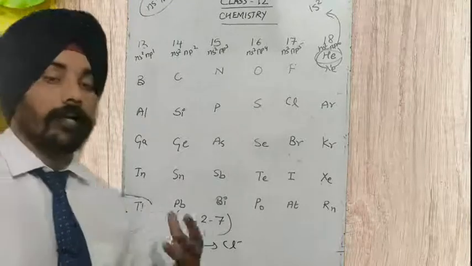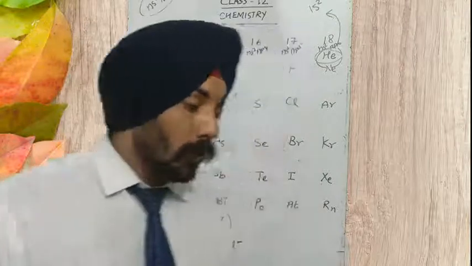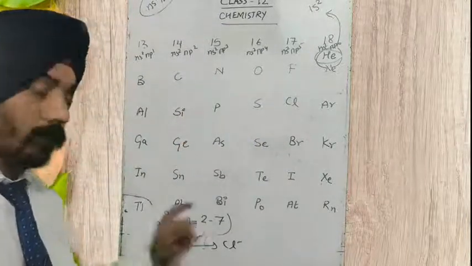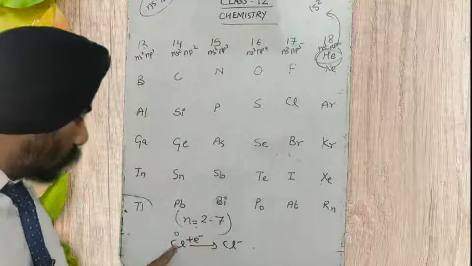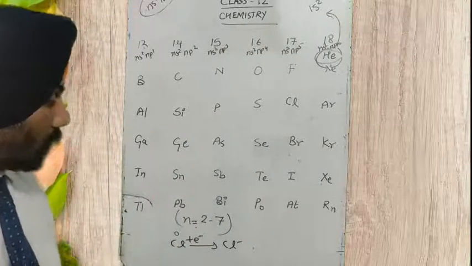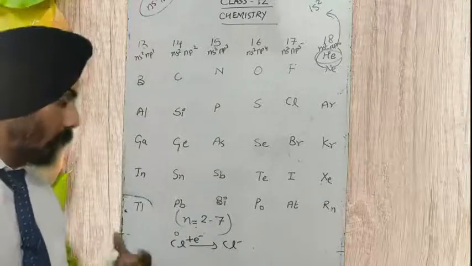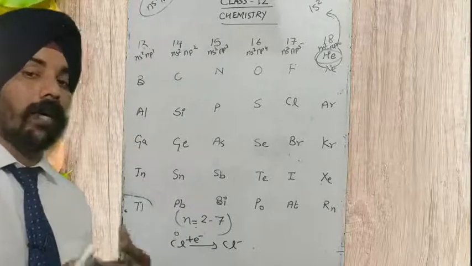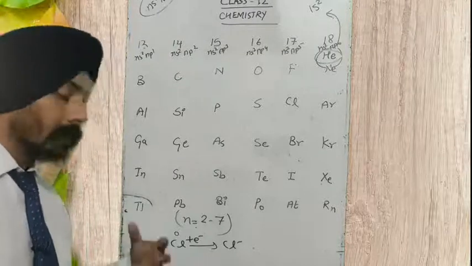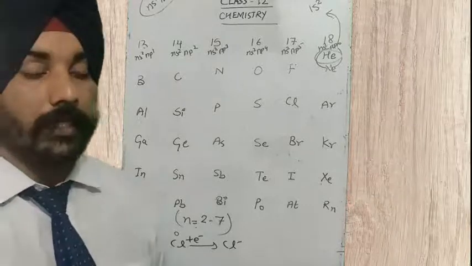And there should be some element or species that is providing this electron, which is reducing the chlorine. Whatever species provides the electron to reduce some element or atom of an element, we call that kind of species a reducing agent.